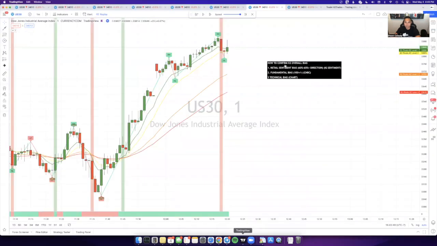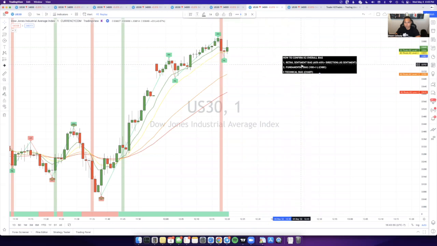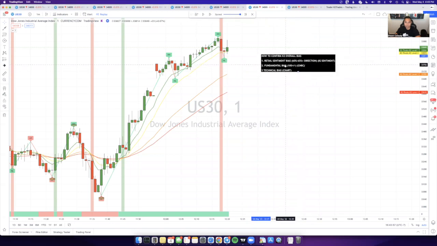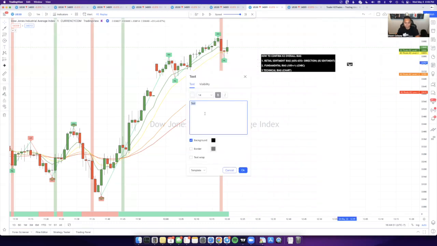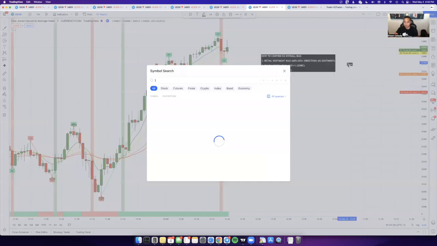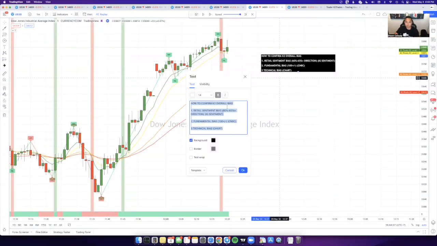So with that said, that's going to be the first requirement right here. You want to make sure that you're trading in the direction of the bias, right? All right, I'll just draw it on here real quick so that you guys can see it a bit better, just for example.